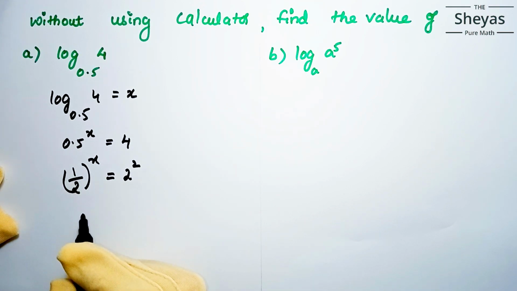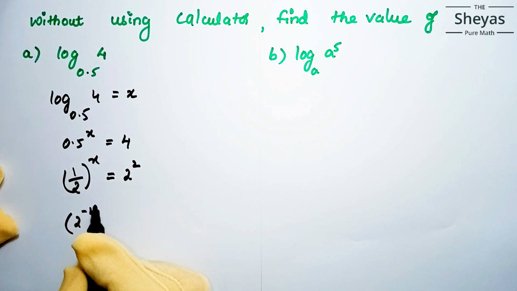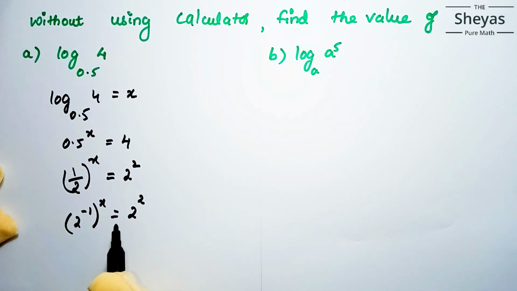This 1 by 2 I can write as 2 power minus 1, so 2 power minus 1 the whole power x, equal to 2 square. I want the same base, and that's why I am changing it like this.